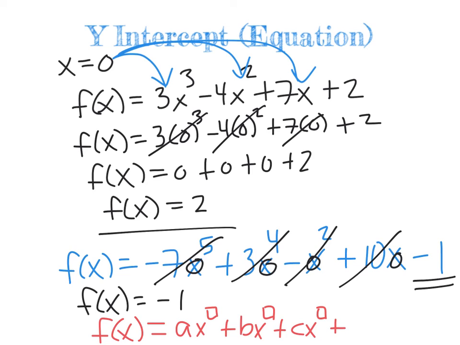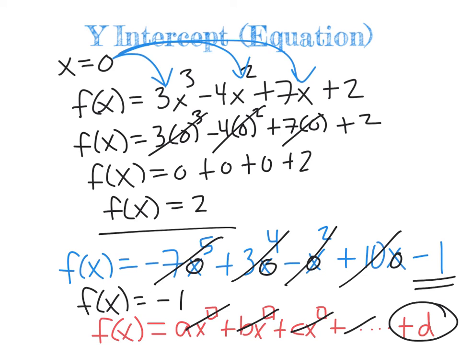As these powers keep decreasing, eventually you're going to have a plus d, or a number that does not have an x value. Everything is always going to cancel, cancel, cancel, cancel. Everything's going to cancel except for the last value.